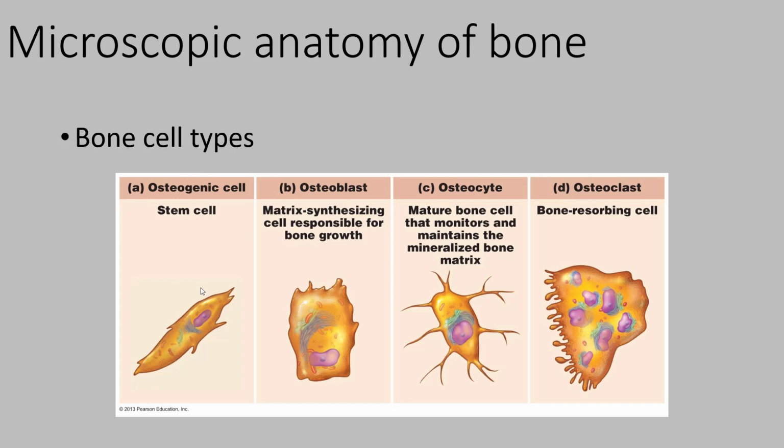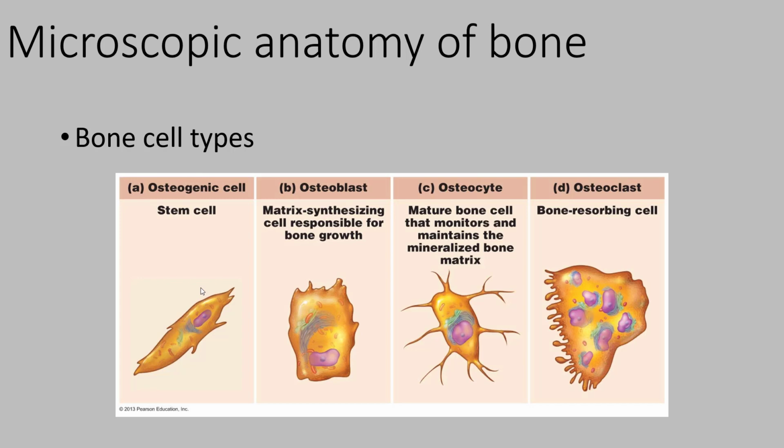So osteogenic cells are stem cells, and they are stem cells that produce other bone cell types. When an osteogenic stem cell divides, one cell remains a stem cell, and the other cell is going to become some other type of bone cell.